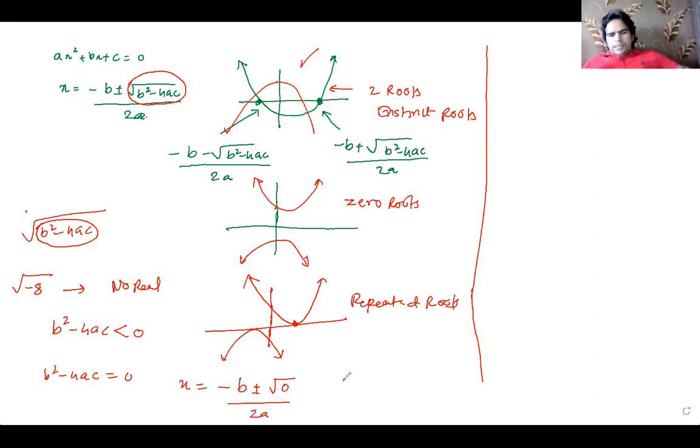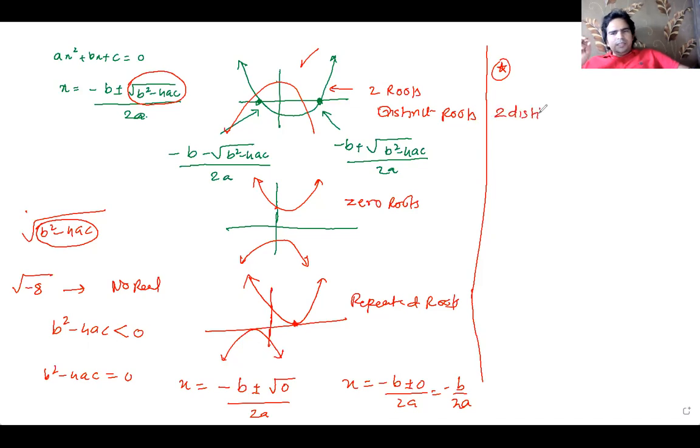So your answer is negative b plus or minus 0 upon 2a, which turns out to be negative b over 2a itself. This is also considered equal roots, because both answers are negative b over 2a.